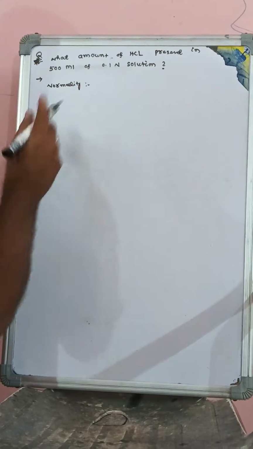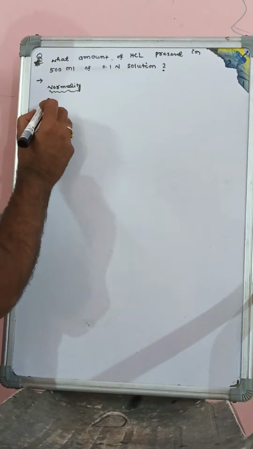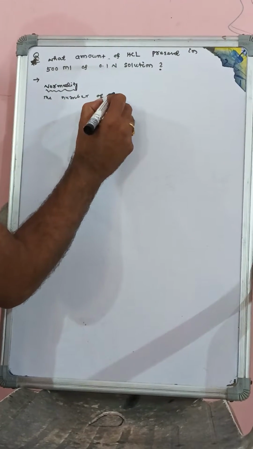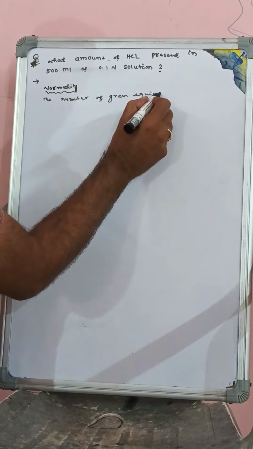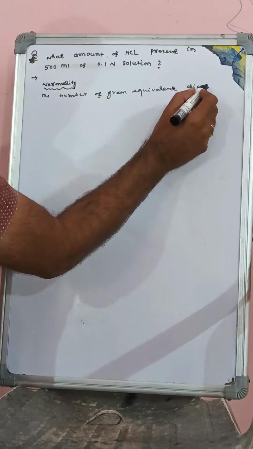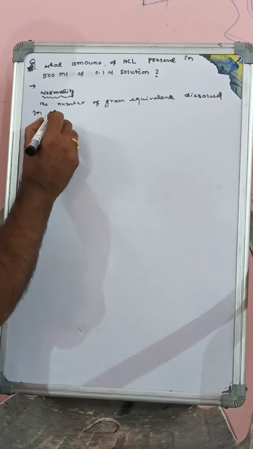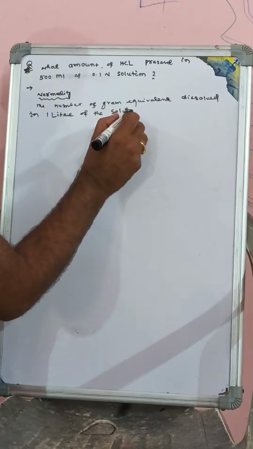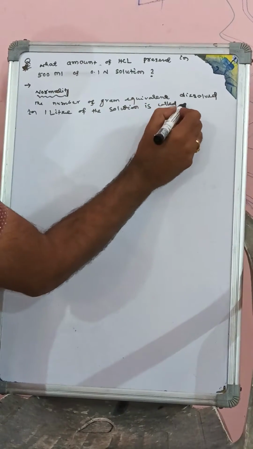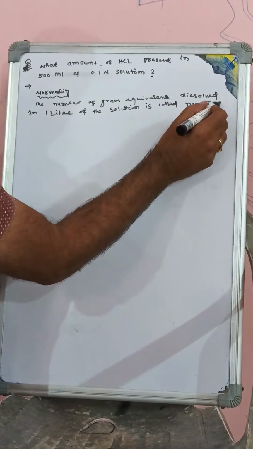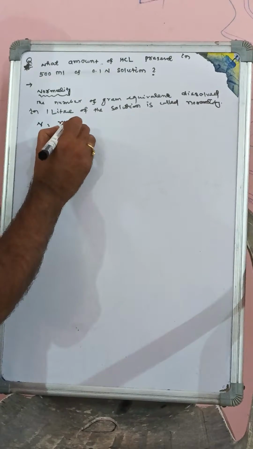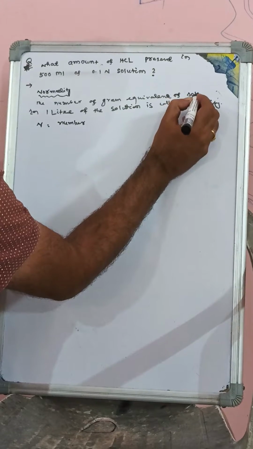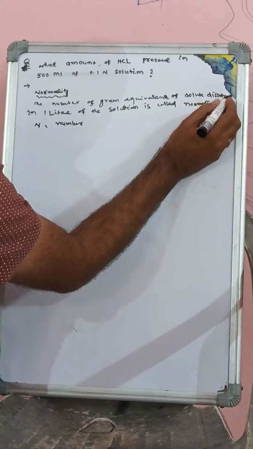Normality is defined as the number of gram equivalents of solute dissolved in 1 liter of the solution.